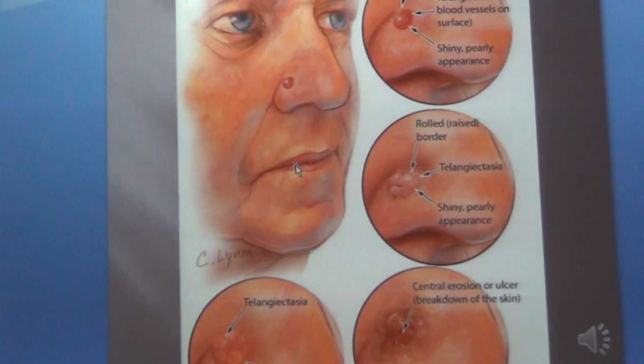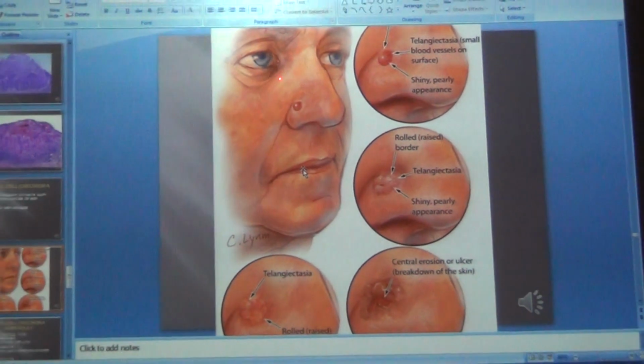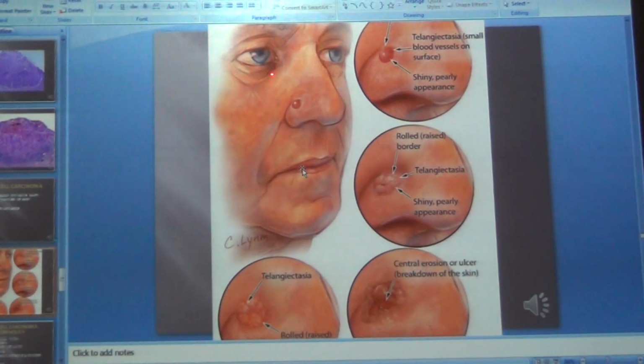These are the sites where basal cell carcinoma is usually seen. Again, sun exposed areas, and the nose is a common site, then the nasolabial folds. The medial canthus of the eye is also commonly involved by basal cell carcinoma.